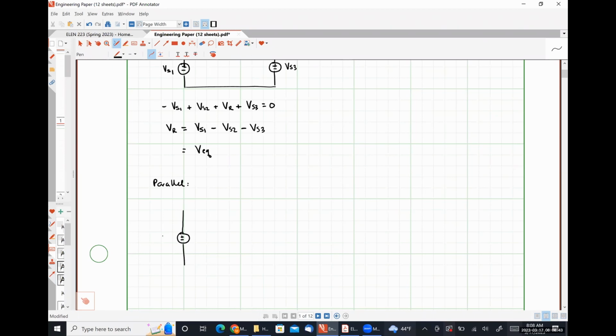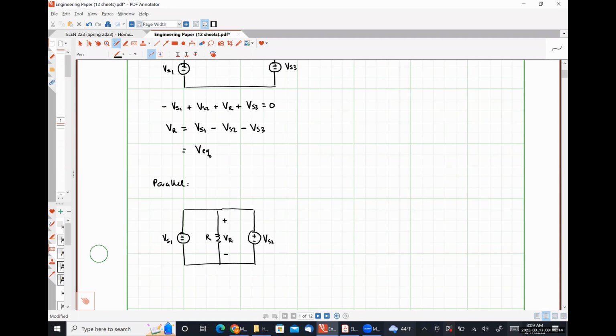So let's say that I have some voltage source VS1 connected in parallel to some resistor R connected in parallel to some voltage source VS2. Let's call this voltage drop VR.